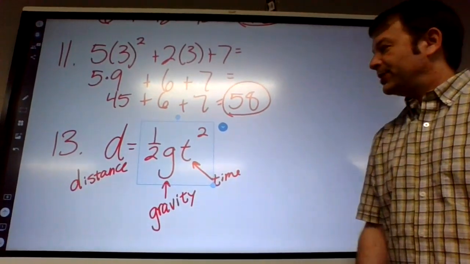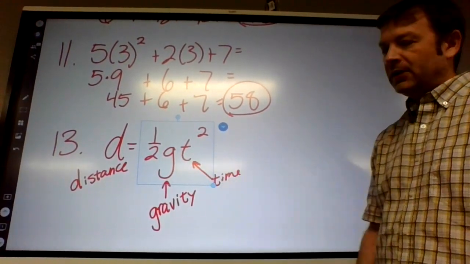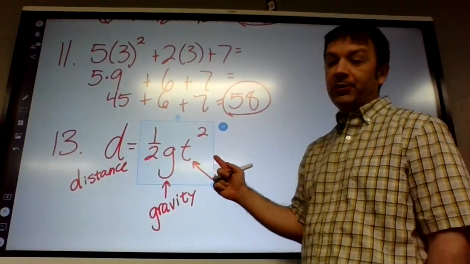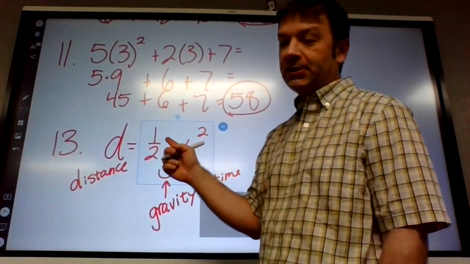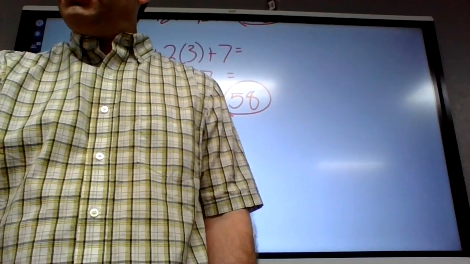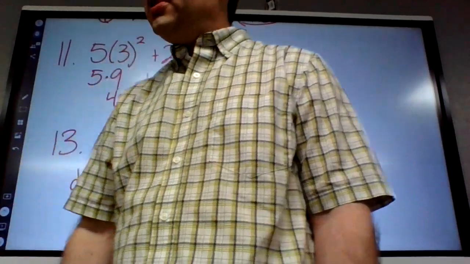So what should I do with the 3? That would be our time. So I'm just going to plug in 3, and that was in the direction, so you have to use that for number 13 and number 12. Our time is going to be 3 seconds. On 13, though, it says, on the moon, where G equals 5 1/3 feet per second.